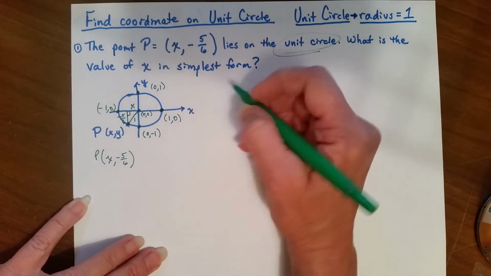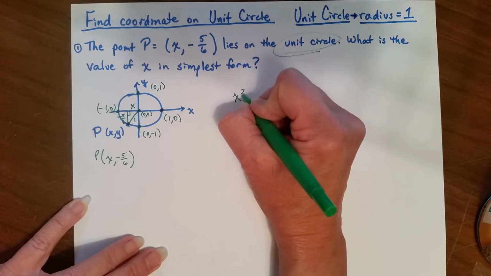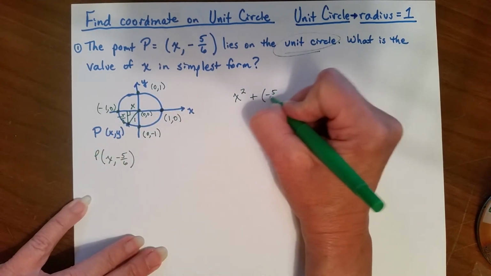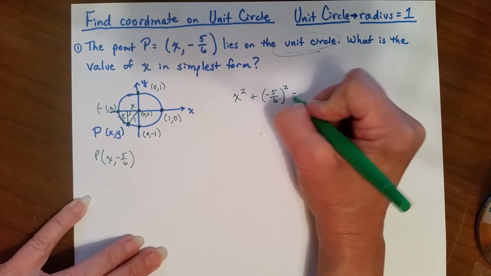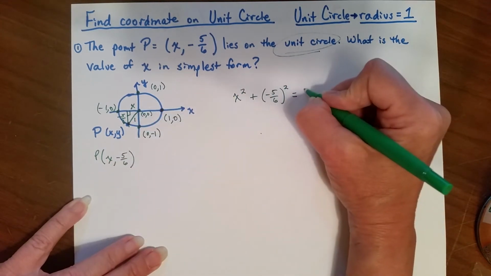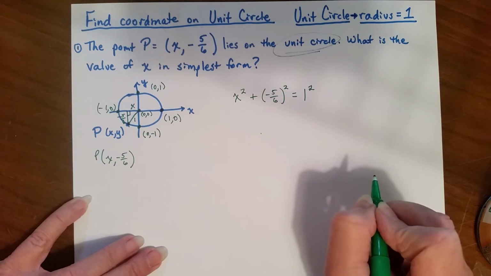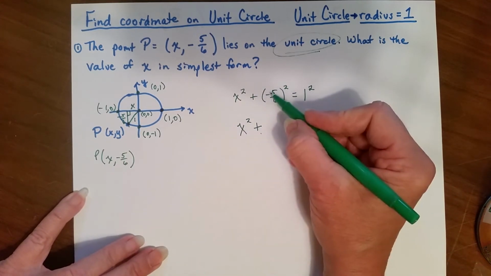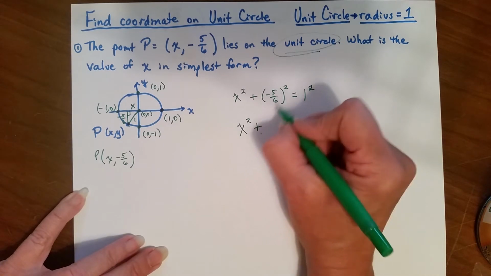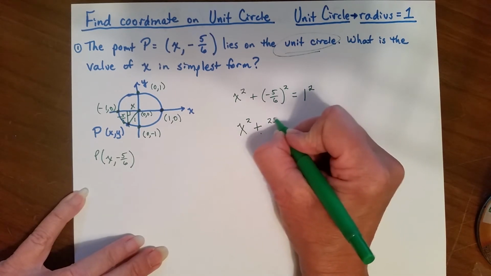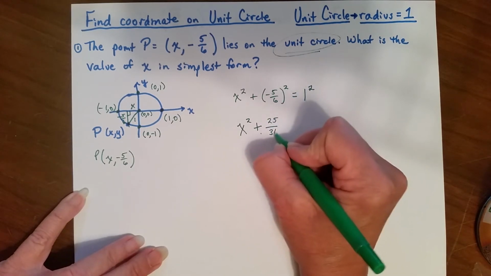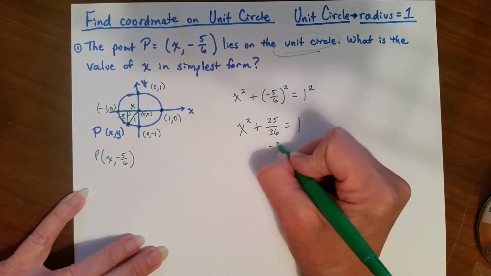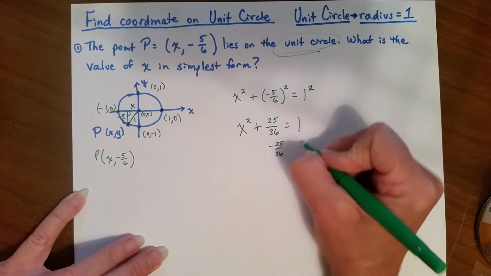So we have x squared plus negative 5/6 squared equals the hypotenuse 1 squared. Now a negative times a negative is a positive. 5 squared is 25, 6 squared is 36, and 1 squared is 1. Now I'm going to subtract 25 over 36.